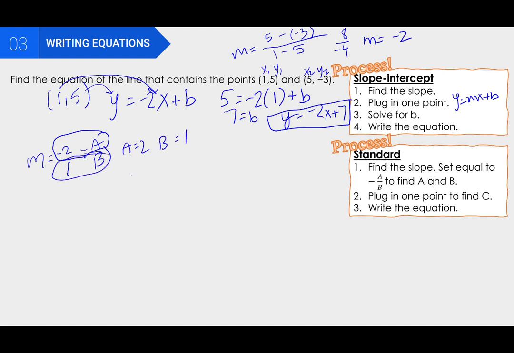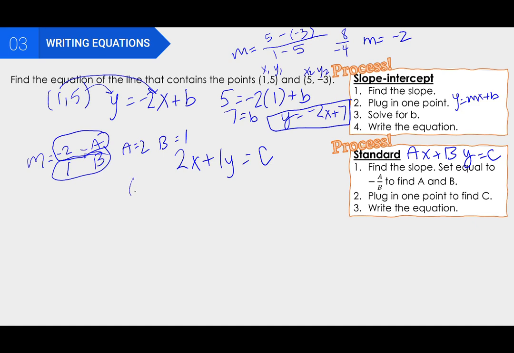All right, so I'm going to plug those into standard form. Let's go and write that right here to remind ourselves. Remember a and b and c to be integers, and a needs to be positive. So plug that in. 2x plus 1y equals c. We don't know what c is. We need to plug in 1 point to find it. So let's plug in the other one this time.